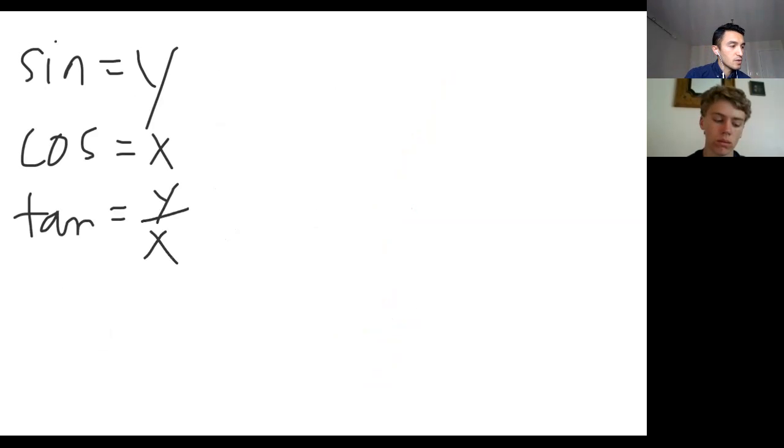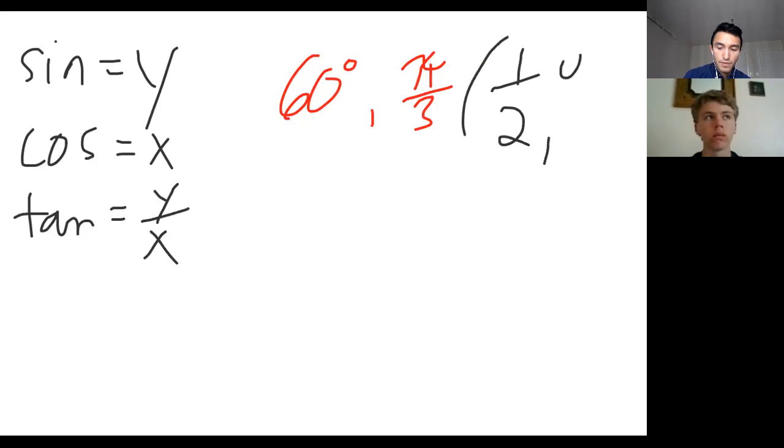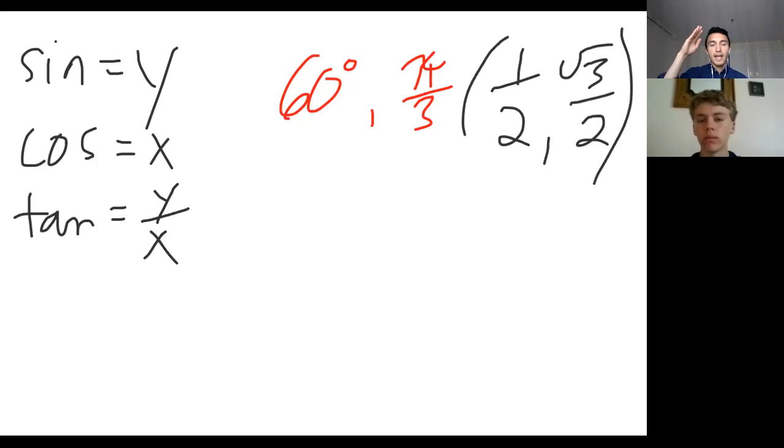Let's say I wanted to do 60 degrees. 60 degrees is also the same as pi over 3. Either way, they're the same thing. It says that the point for 60 or pi over 3 is 1/2 comma square root of 3 over 2. Cool? So now we can answer all three functions because remember it's x and y.